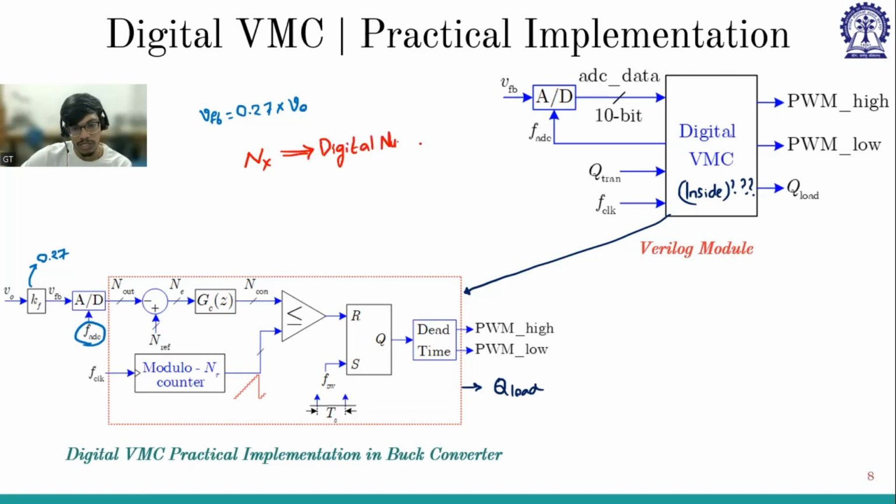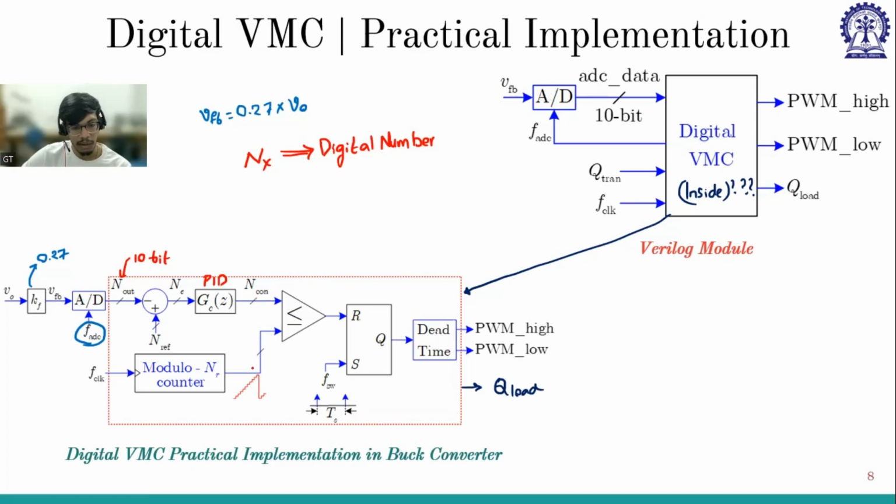SAR is using N out, which is the digital representation of the output, a digital 10-bit number of V feedback. This is subtracted from N reference, which is the reference voltage as a digital or binary number. The error NE goes to this PID controller, giving rise to NCON, the control voltage.